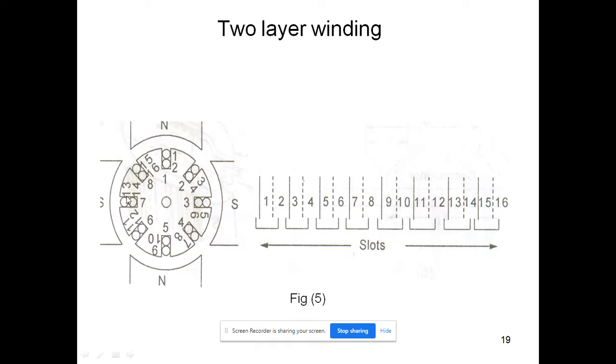And the middle one is the armature, and this circle indicates the windings, and these are the slots. In each slot there are two conductors. Okay, there are two conductors in each slot.